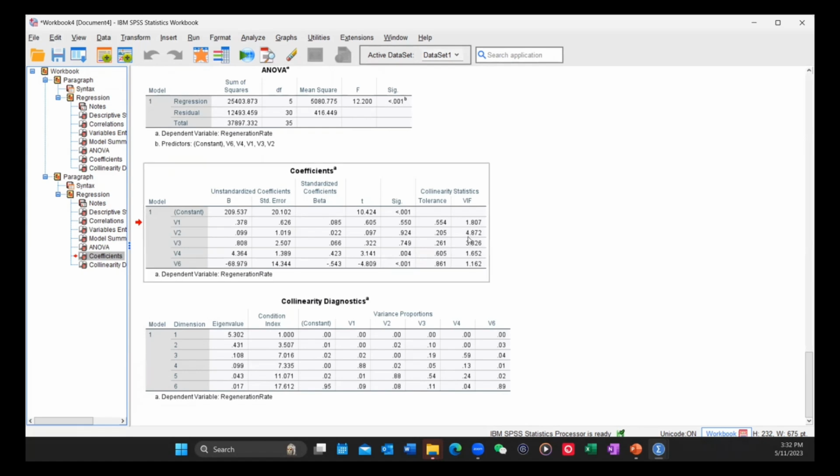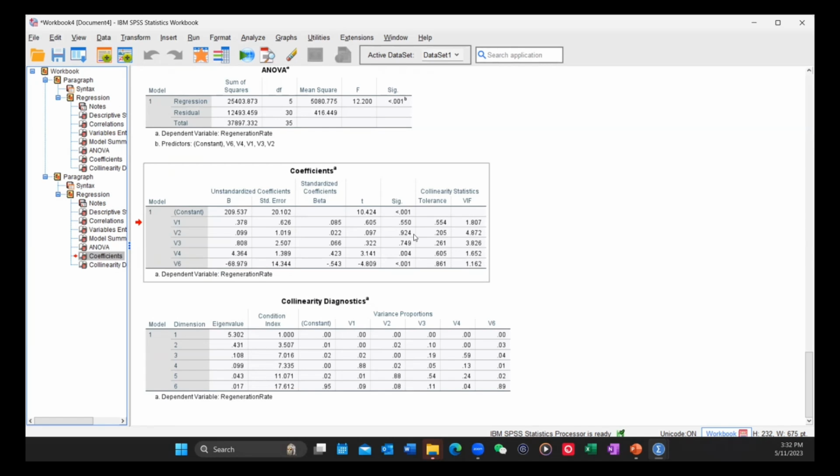But let's go back to V2. The VIF value is really borderline, but the significance level for V2 is really low. It's 0.924 for the p-value. So we are in a situation where we need to make a decision on whether to remove V2 or not.